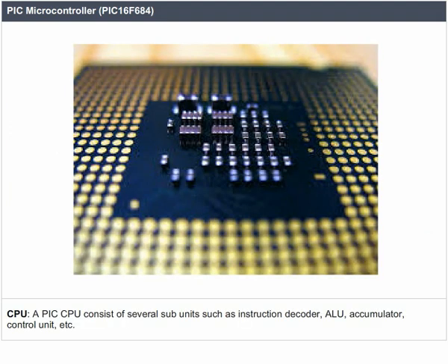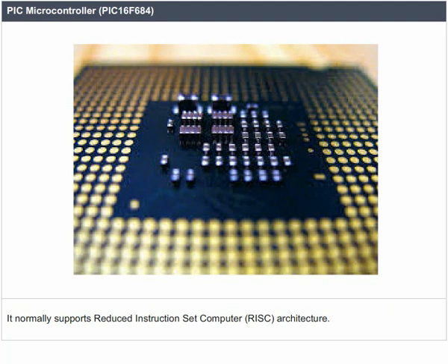CPU. A PIC CPU consists of several subunits such as instruction decoder, ALU, accumulator, control unit, etc. It normally supports Reduced Instruction Set Computer RISC architecture, a design in which most of the instructions a computer decodes and executes are simple.